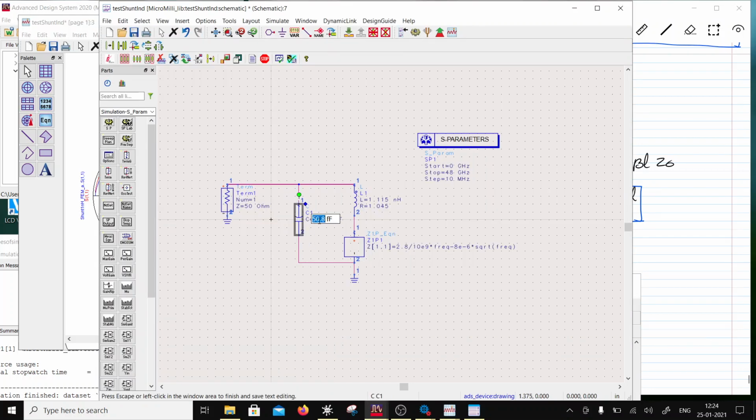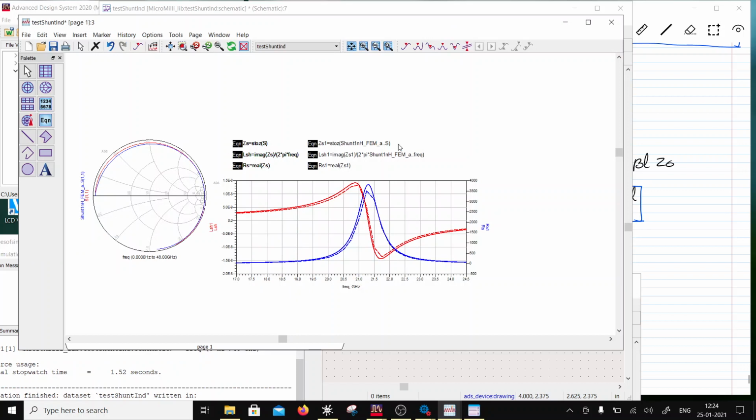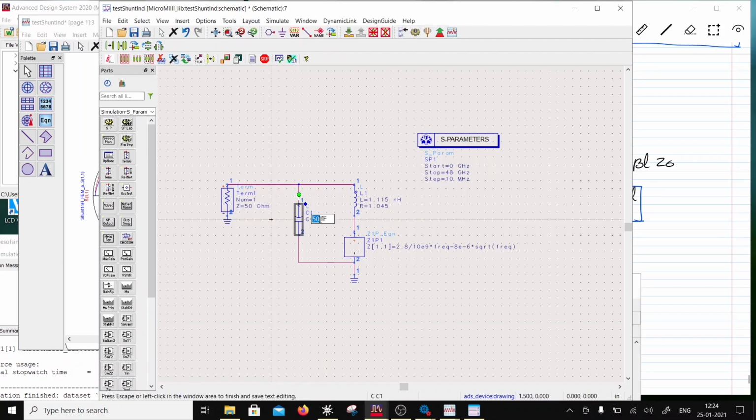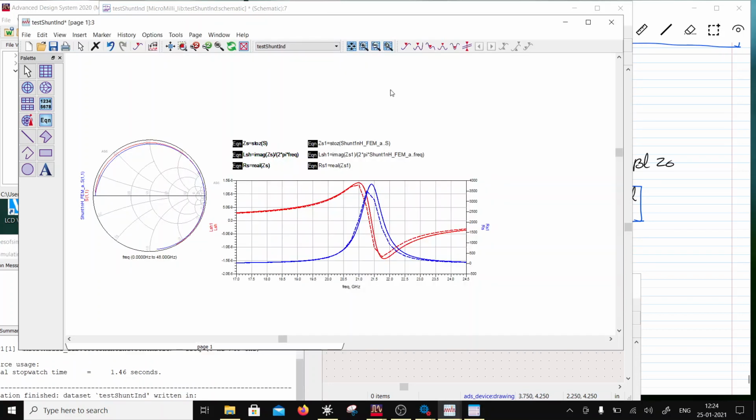So we are going the wrong way. The dotted one is coming from the EM. Yeah, now better. 49.5. Okay, almost there.